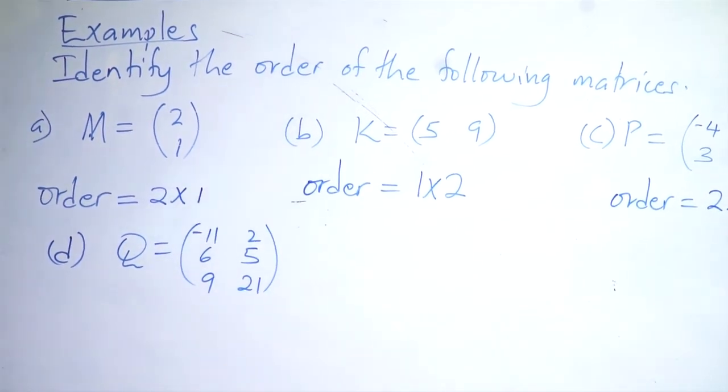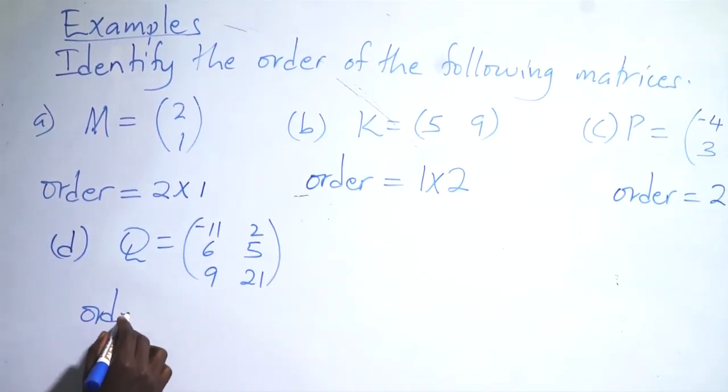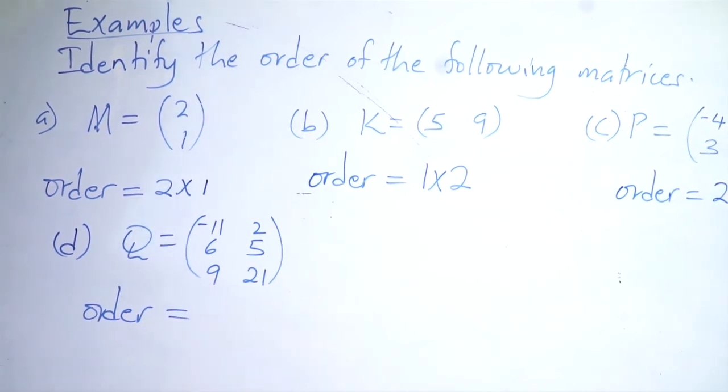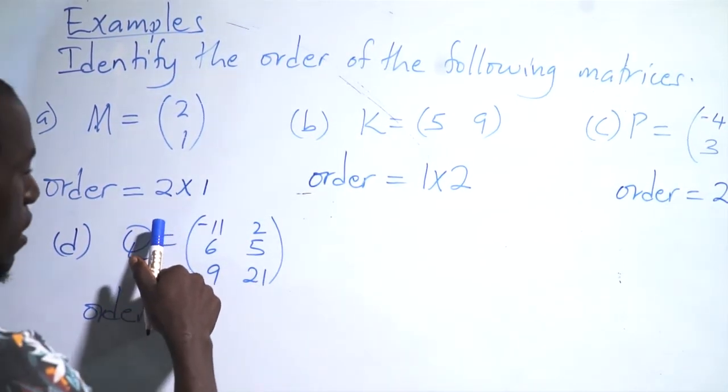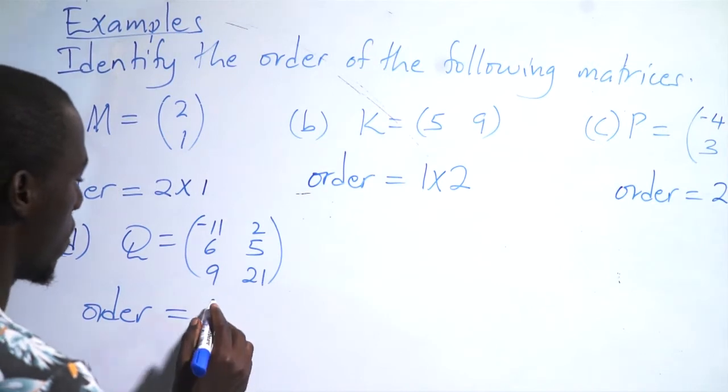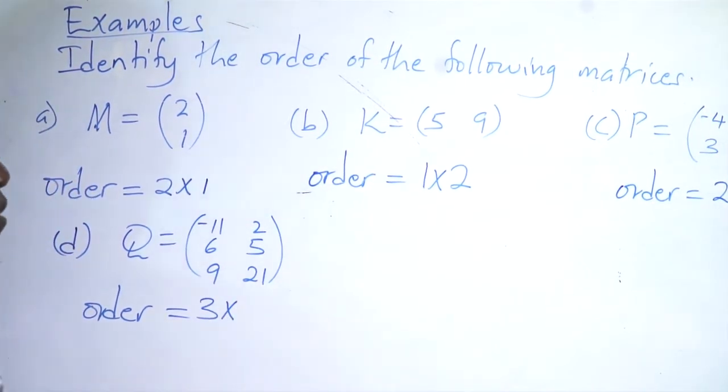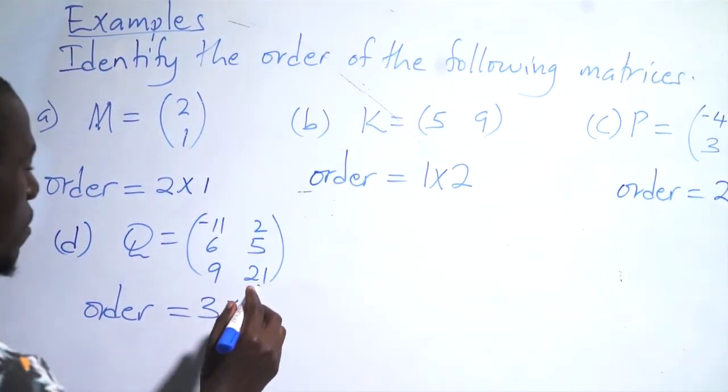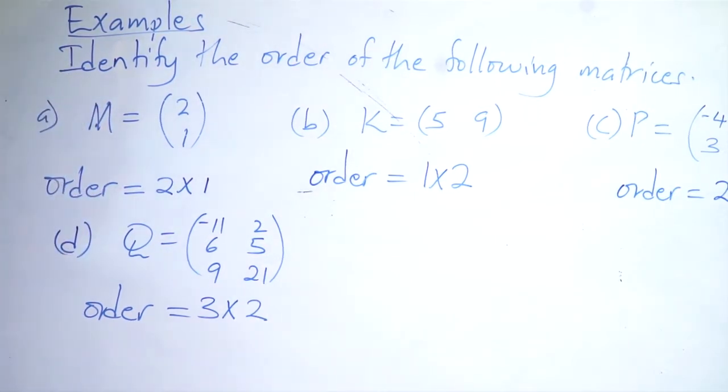So the order of my matrix Q, number of rows, 1, 2, 3. Then number of columns, they are 2.